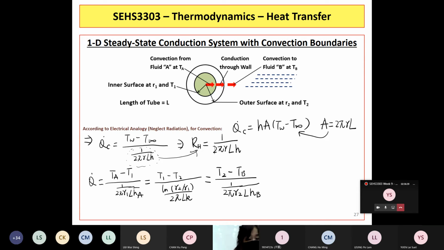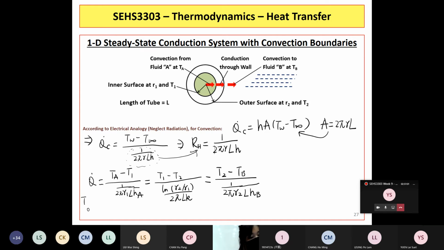Okay. At this point, any problems? Again, we can draw the simple diagram for our heat transfer circuit.